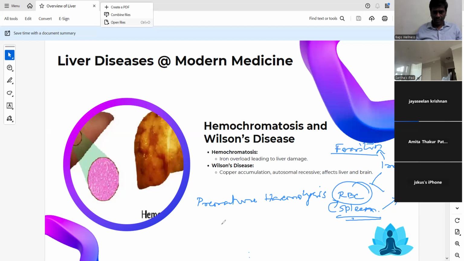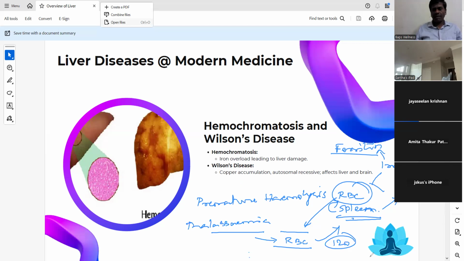What is thalassemia? The patients who cannot produce RBC. No RBC, no hemoglobin. So, they have to depend on external sources by way of transfusion. Every time you put in the RBC, normally it has to be there in the body for 120 days.